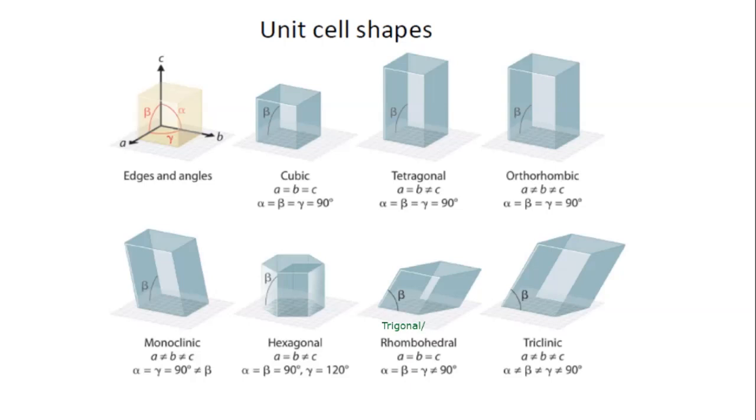So if I was to rank these from highest symmetry to lowest symmetry, where one being the highest symmetry means it has the most symmetry elements in it, and 7 being the lowest symmetry means it has the fewest symmetry elements in it. The highest symmetry is cubic.